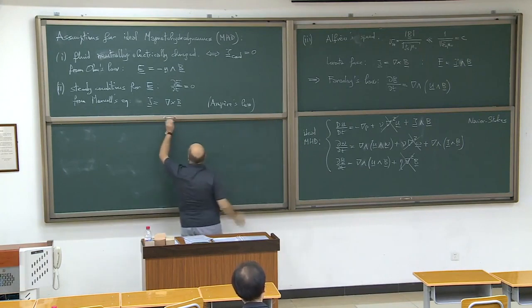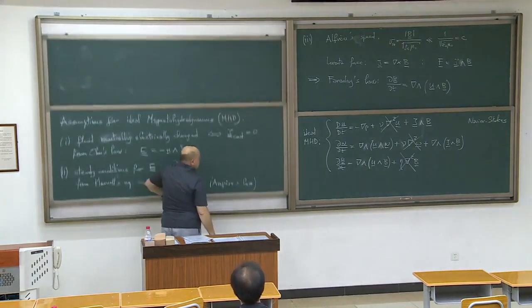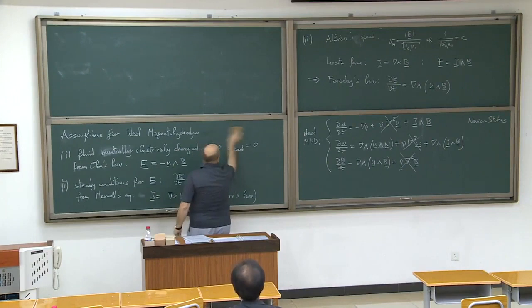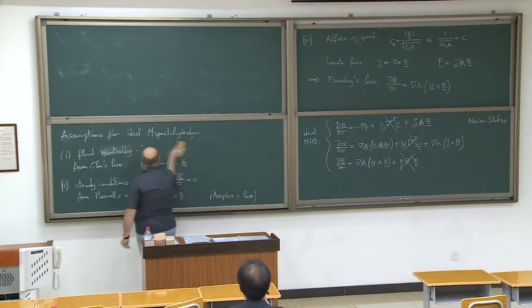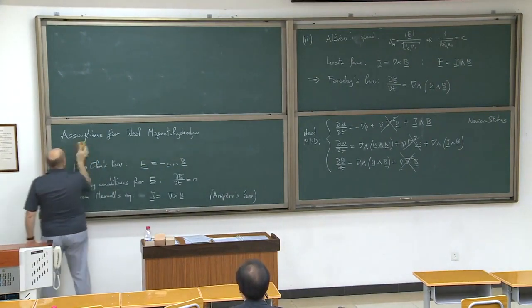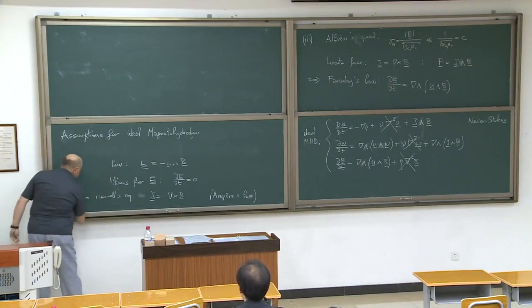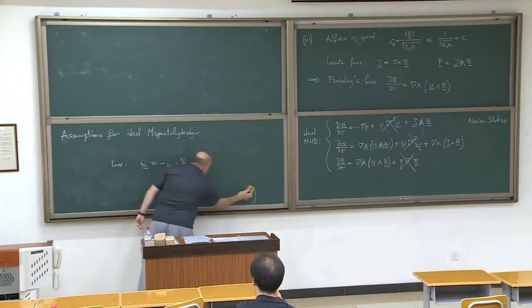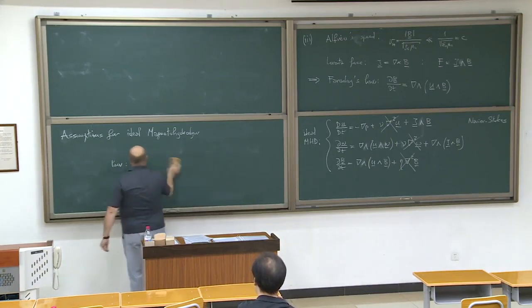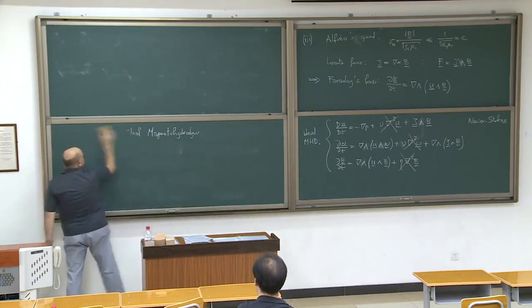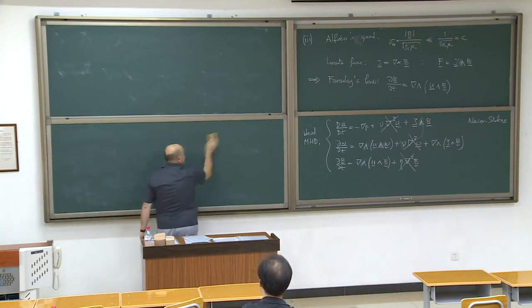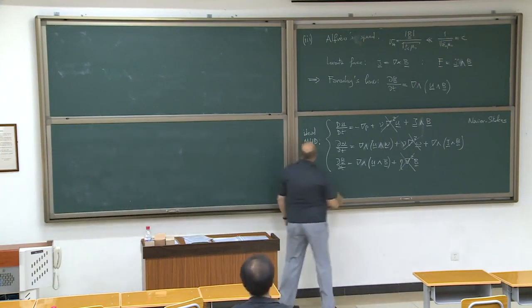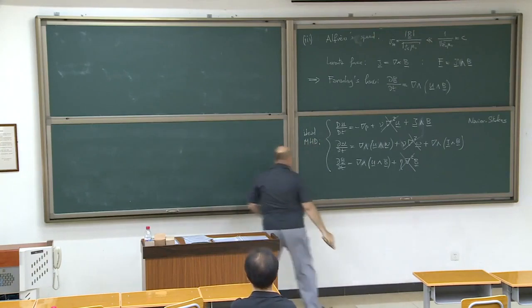One is the conservation of flux, to make a parallel with the conservation of vortex circulation. And the other conservation law is conservation of magnetic helicity. So this is what I'll do in a moment.